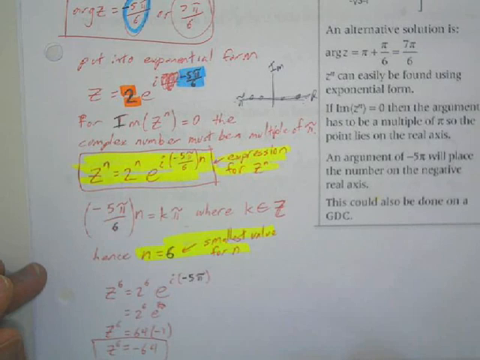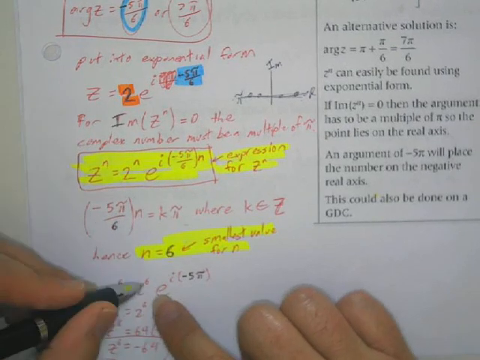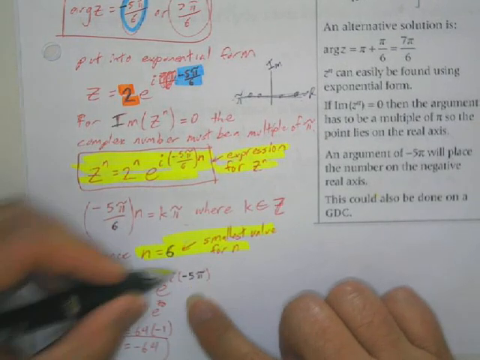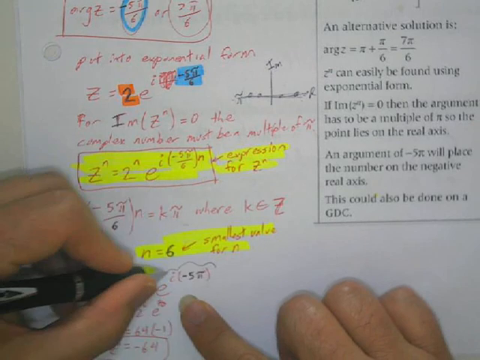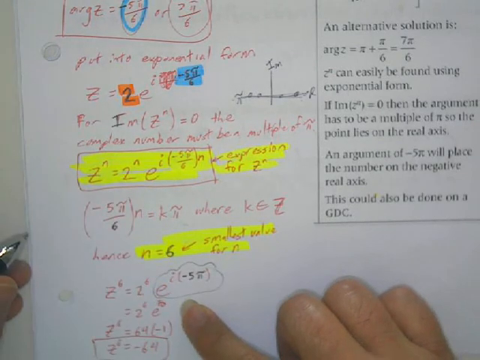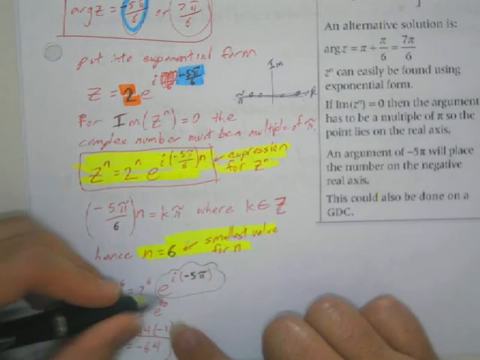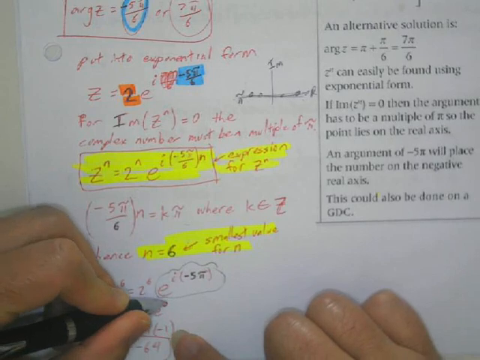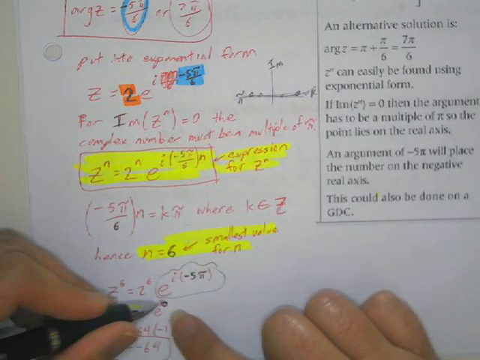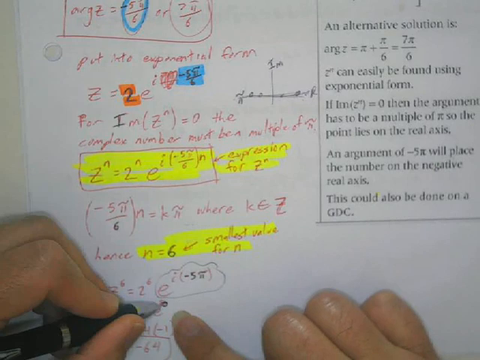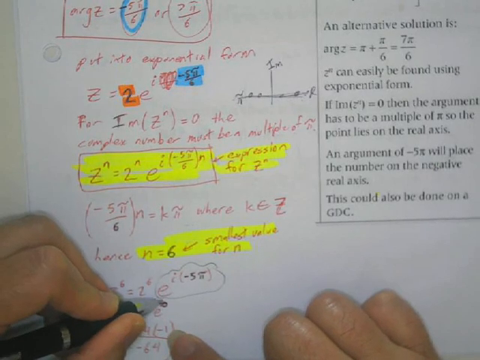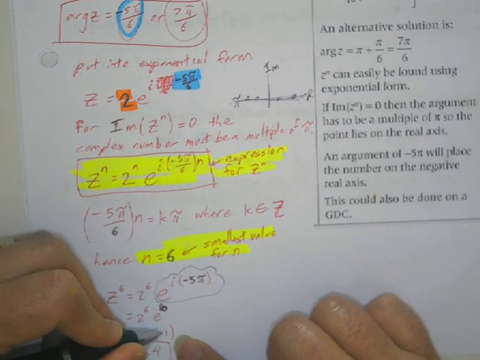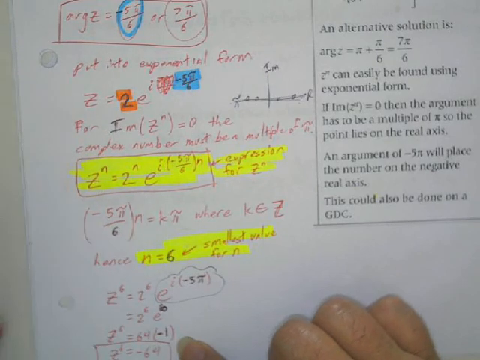So I end up with 2 to the 6, and remember, we just said this is going to give me an imaginary value of 0. So this is going to be e to the 0, which gives me 1. But this is negative, so we're going to have negative 1 here, and so we end up with negative 64.